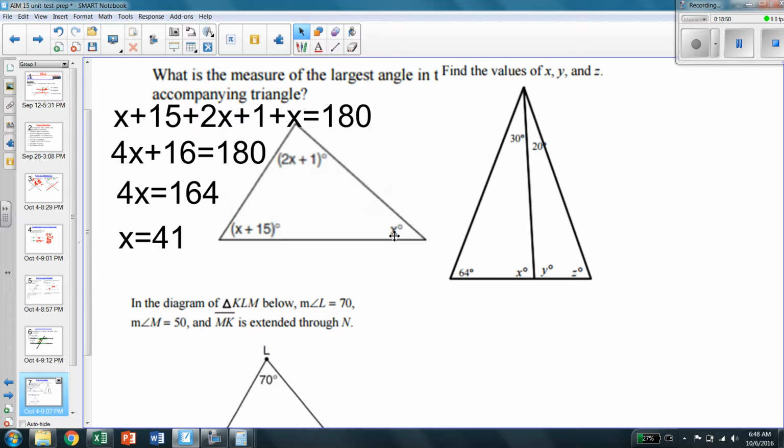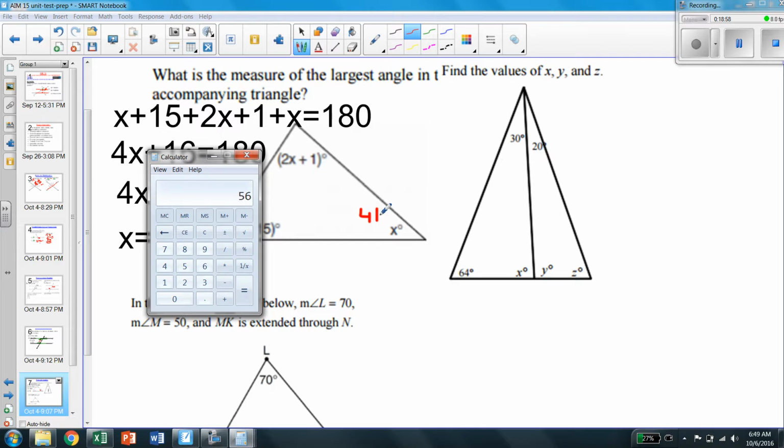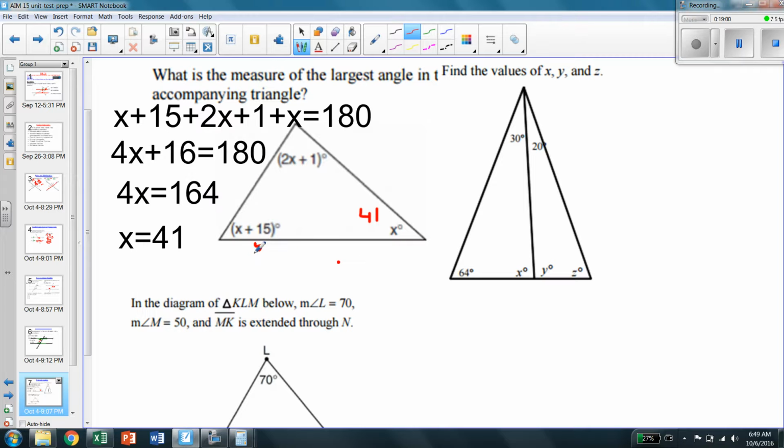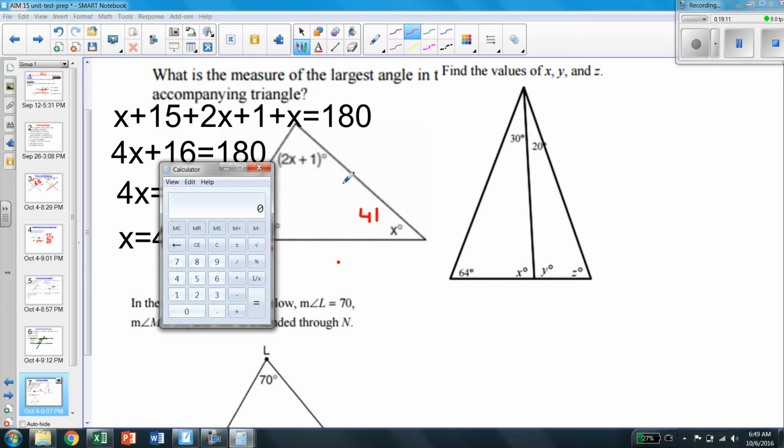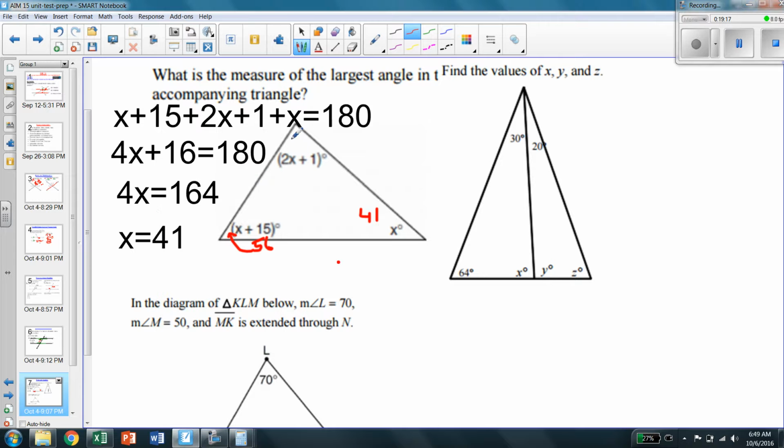Okay. So this angle is 41. This one is 41 plus 15. So this one's 56. Or maybe I should write it on the inside. That one's 56. And then the other one is 2 times 41 plus 1, 83.